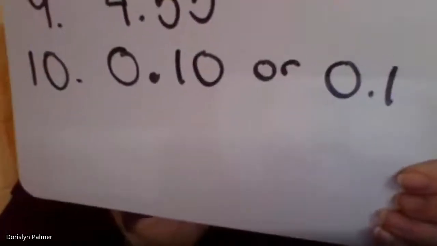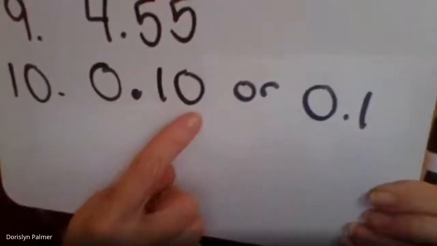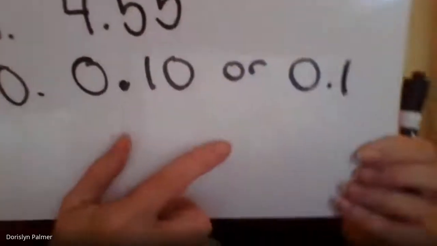Okay, Brooklyn, you'll have to unmute. 0.010. Well, if I put 0.010, I'm going to have a 1 in the hundredth spot. Oh, well. It's just going to be 0.10. 0.10 or 0.1. Yeah, because you don't need to have that 0 after the 1, so you could write it either way.